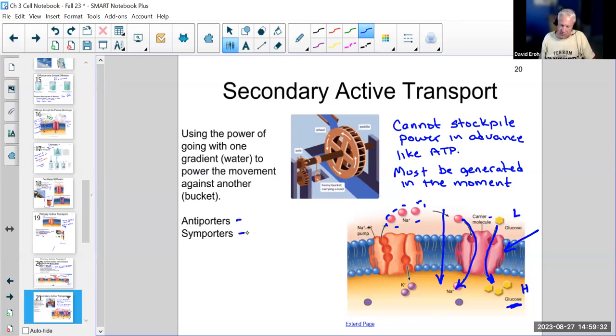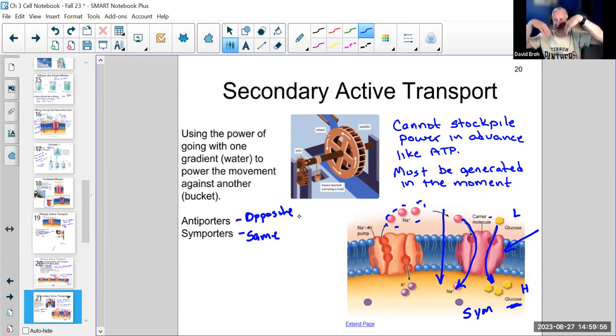These are just the terms for the two different types of molecules. What is pictured here is a symporter. Sym means same, anti means opposite. So in this case, the molecule that moves in to supply the energy also causes a molecule to be pumped in.